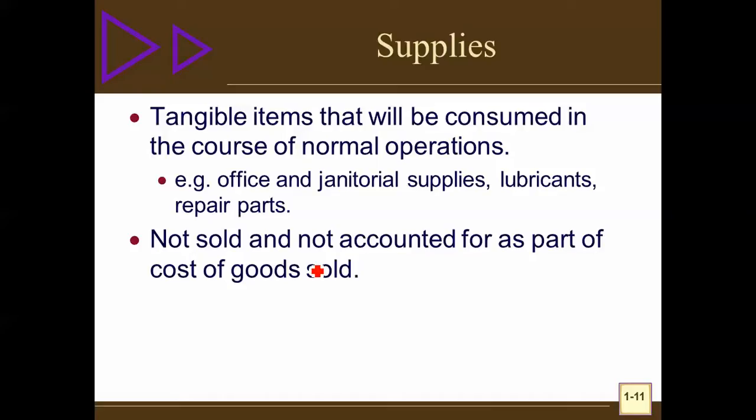They may refer to them as inventory supplies, but when we in accounting talk about the term inventory, we're talking about goods that we're going to resell. Supplies are not for resale. They're basically used up to produce a product or deliver a product or maintain the operations of a business.